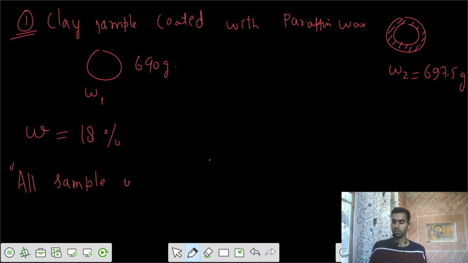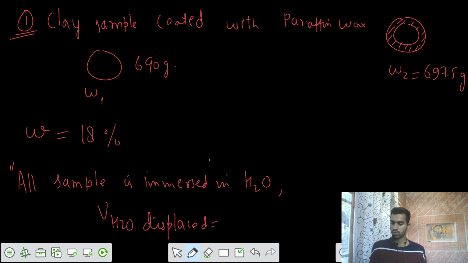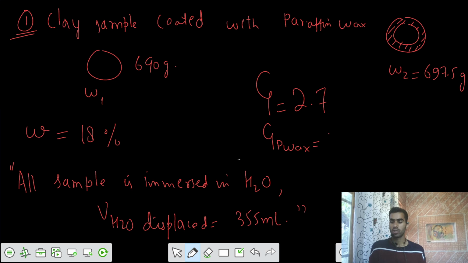The water displaced from the container is 355 milliliters. This is the water lost. The specific gravity of the soil solids is 2.7, and the specific gravity of the paraffin wax is 0.89.